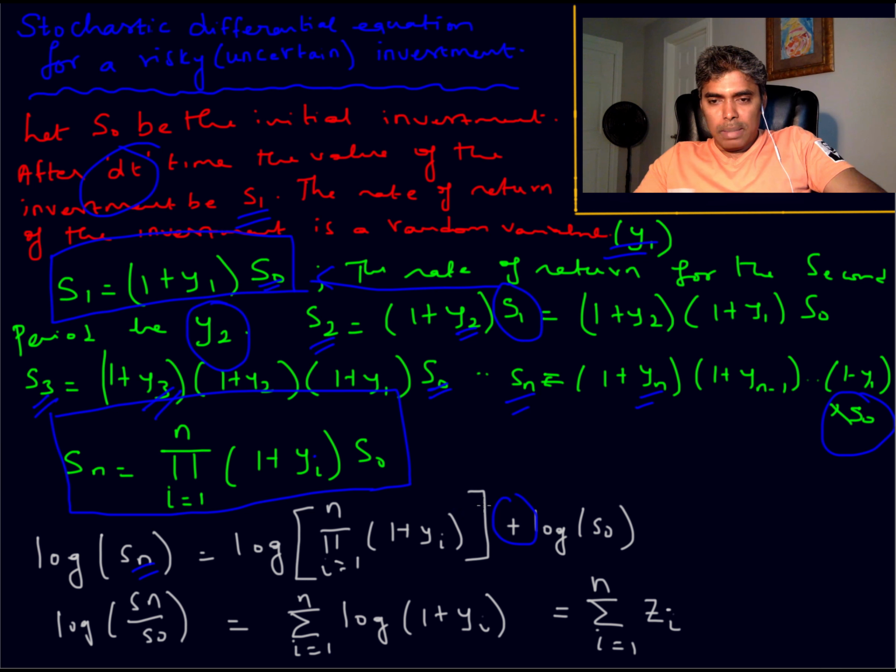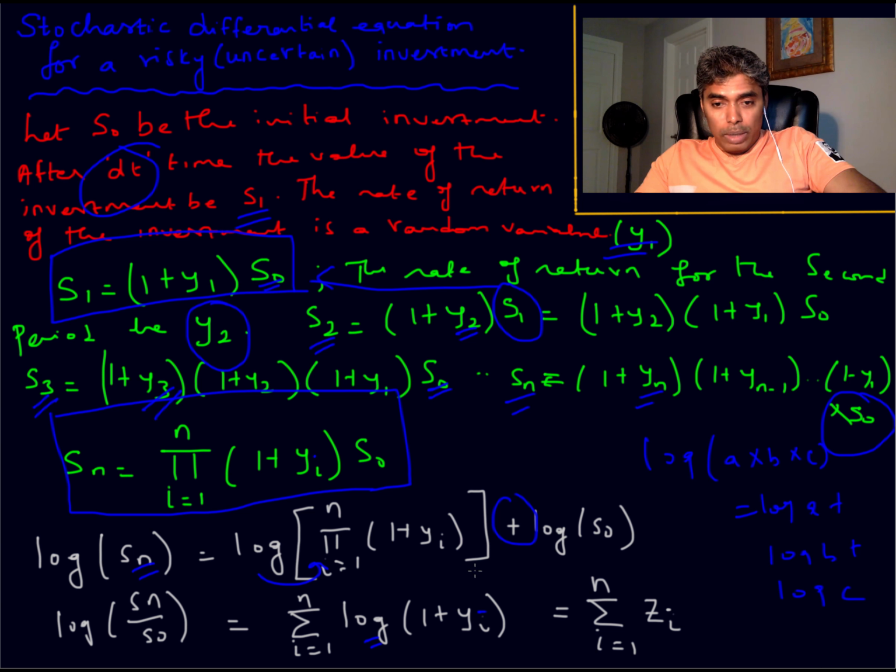Since this is a multiplication, the log of a times b times c is equal to log a plus log b plus log c. That's basically what I did here. So I changed the log of the product to the summation of log of 1 plus yi.